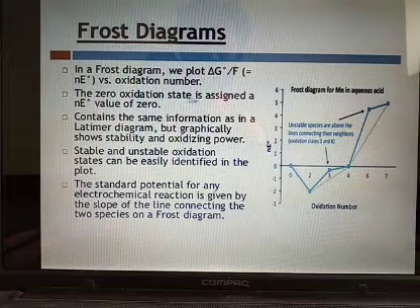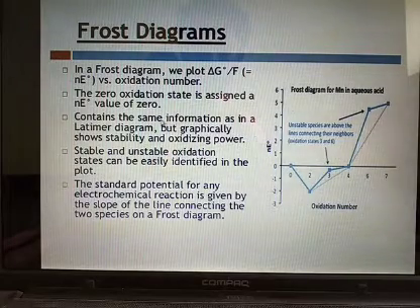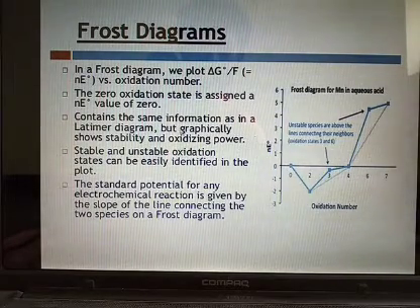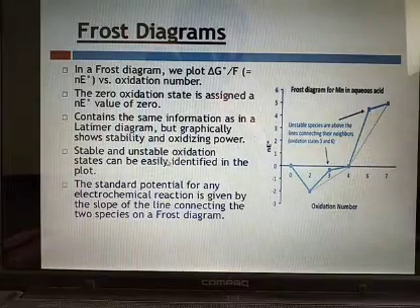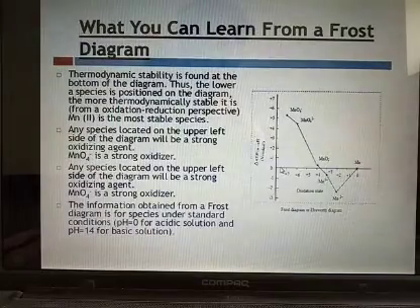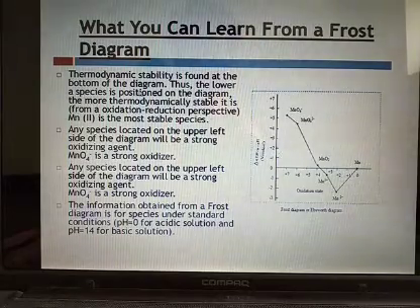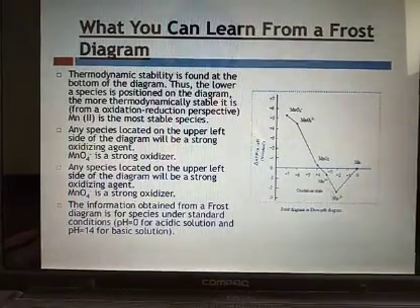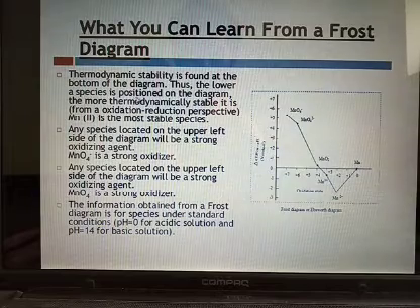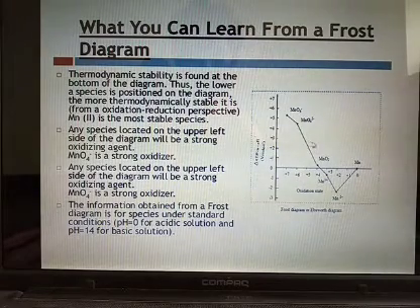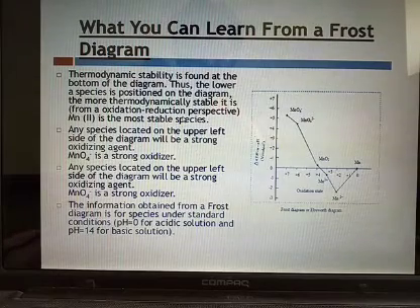Here the zero oxidation state is assigned from 0, and it contains the same information as the Latimer diagram. Stable and unstable oxidation states can be easily identified. Thermodynamically stable species are found at the bottom of the diagram, so a species positioned higher is unstable. From that we can say thermodynamically about oxidation and reduction.